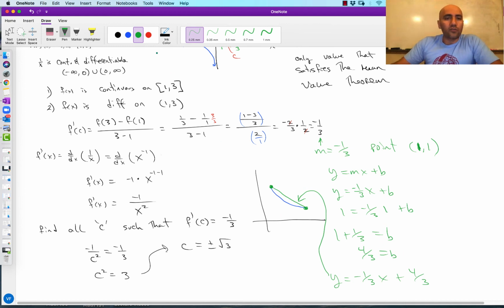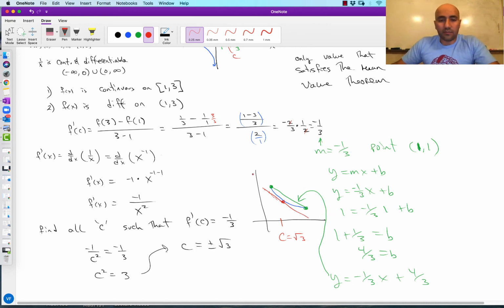We also discovered that there is a point c somewhere here, c equals √3, such that f prime of c equals the slope of this green line, which we said was negative 1/3. So we'll see that it gives you a tangent line that looks something like that.